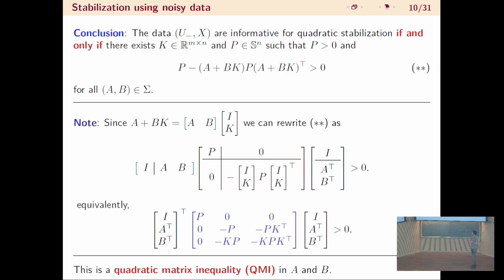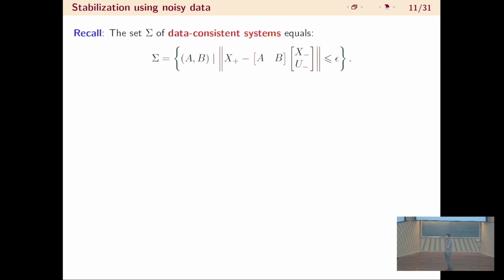Good. Well, that's not the full story. This is one way of obtaining a quadratic matrix inequality, but now I will obtain another one. Let's start again from the set sigma of data consistent systems. Remember, it's given by all pairs AB for which this norm is less than or equal to epsilon.